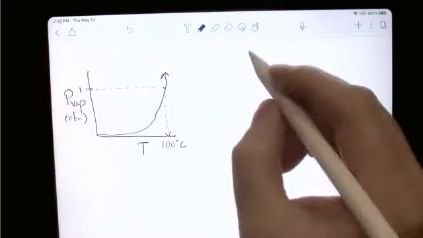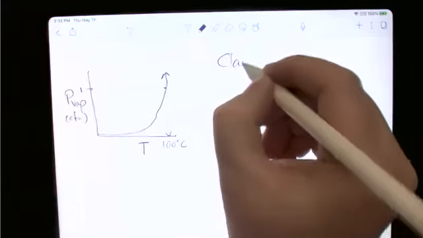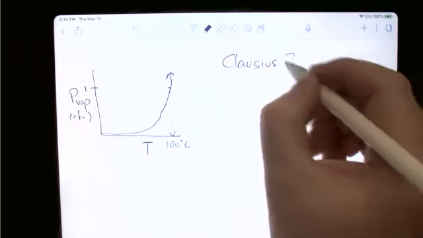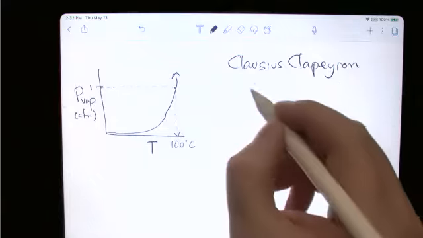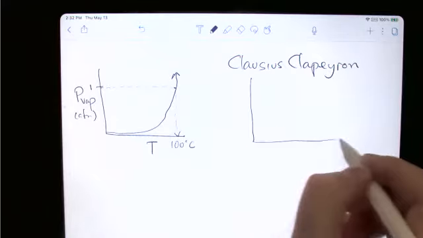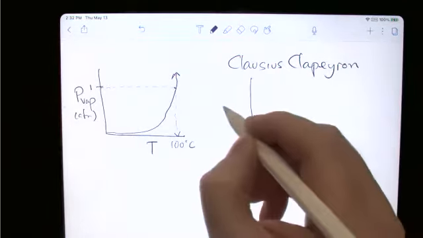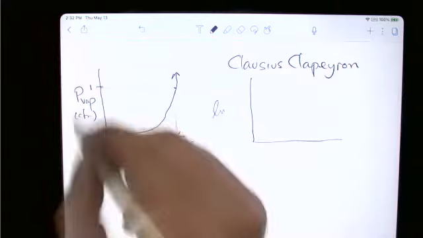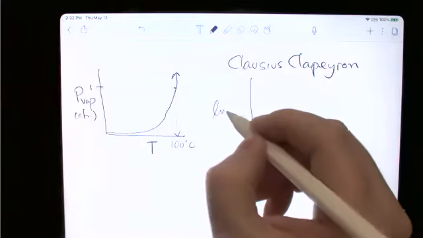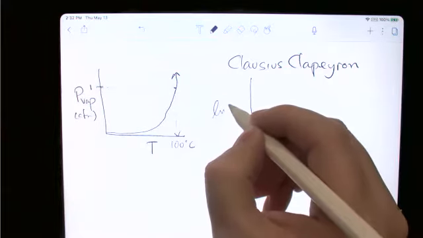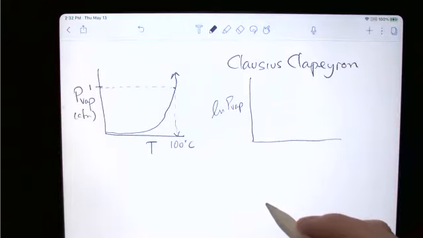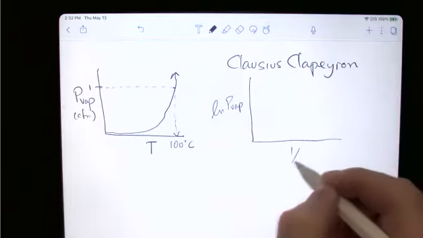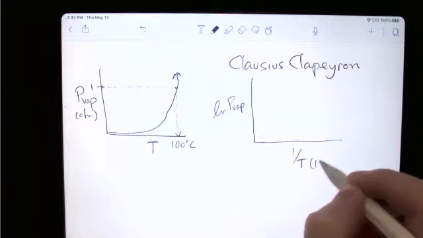Now, Clausius Clapeyron, we learned yesterday, and again, I'm probably mispronouncing that. They said if you have this exponential graph, you can tame it, you can make it linear by graphing the natural log of vapor pressure versus the reciprocal of Kelvin temperature.